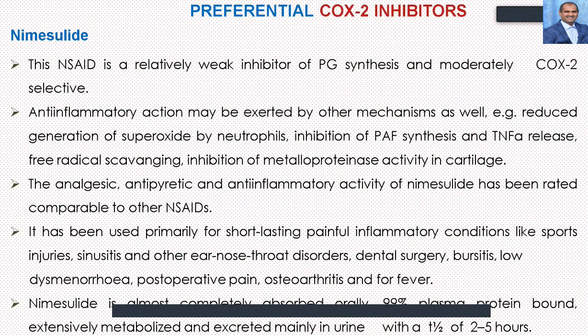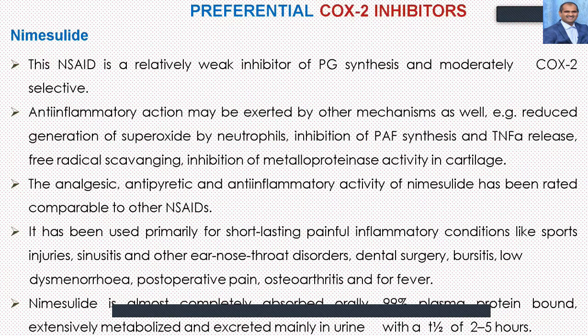Nimesulide, meloxicam, diclofenac, and all these drugs are preferential COX-2 inhibitors. Please note that preferential means their preference is more towards COX-2, but they also act on the COX-1 enzyme. Hence, they have the classical toxicity of gastrointestinal erosion, whereas they are very potent anti-inflammatory agents.